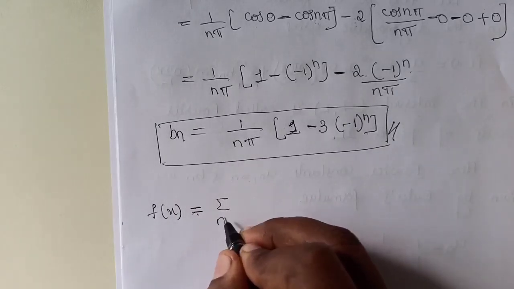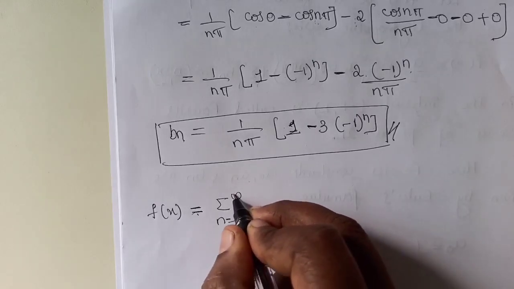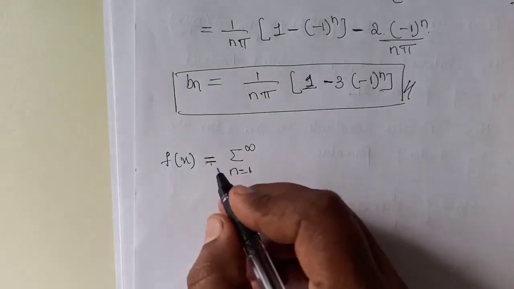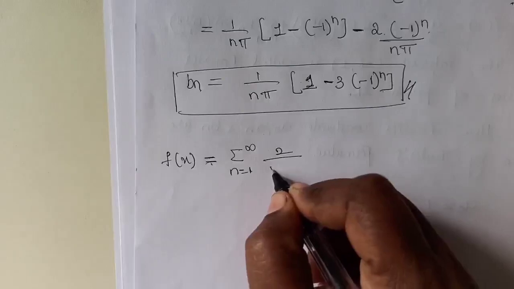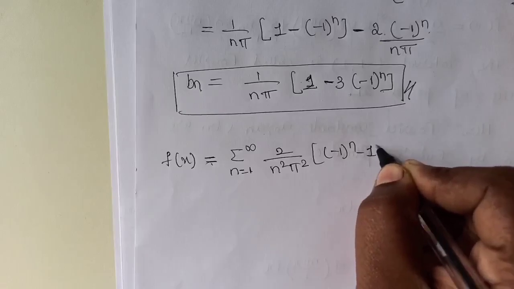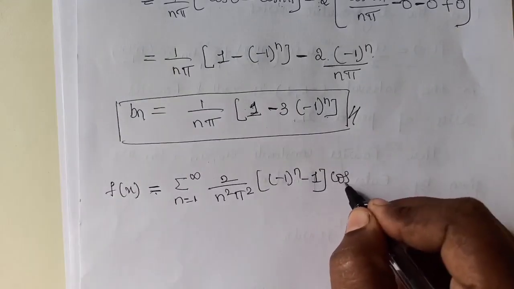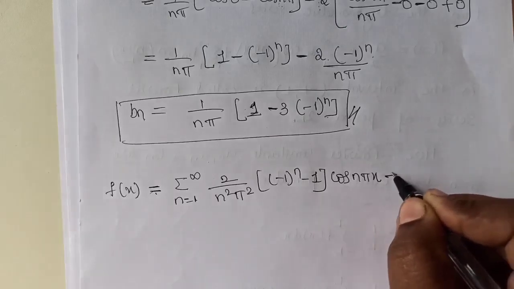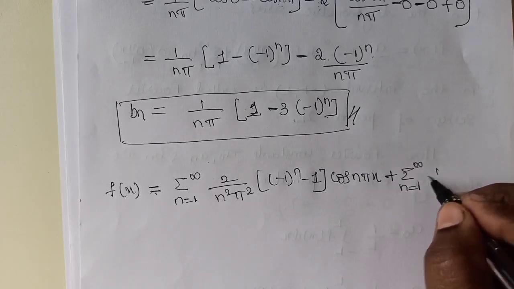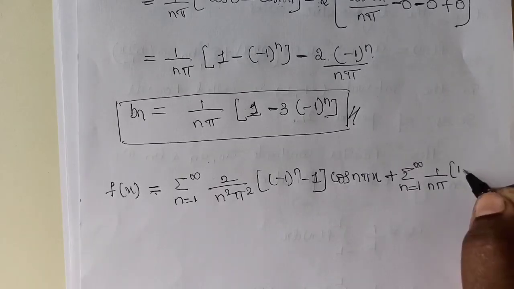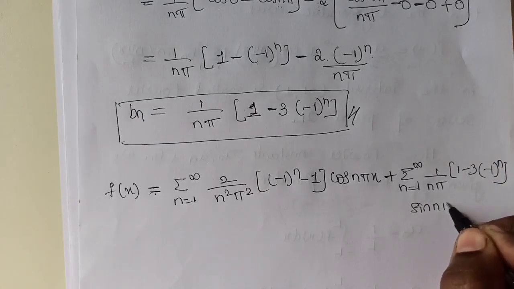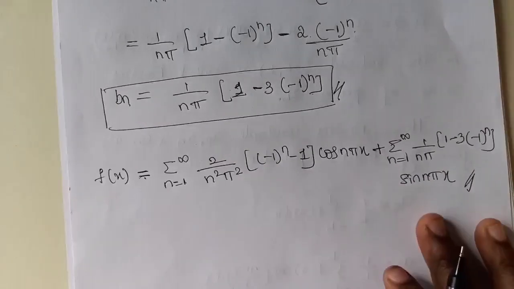Therefore we write only n equals 1 to infinity, the an value, which is equal to 2 divided by n square pi square into minus 1 raised to n minus 1, into cos n pi x, plus summation n equals 1 to infinity, the bn value, which is 1 by n pi into 1 minus 3 into minus 1 power n, into sin n pi x. So this is the required Fourier series.